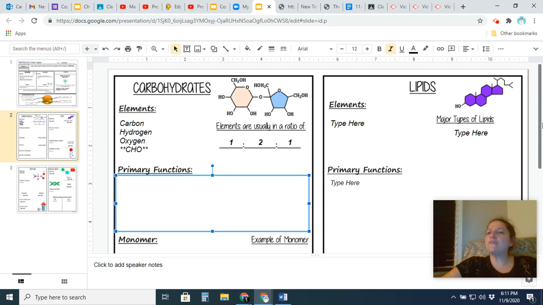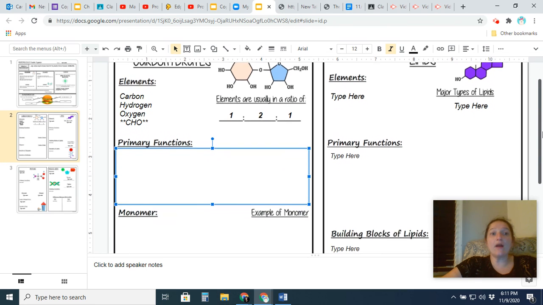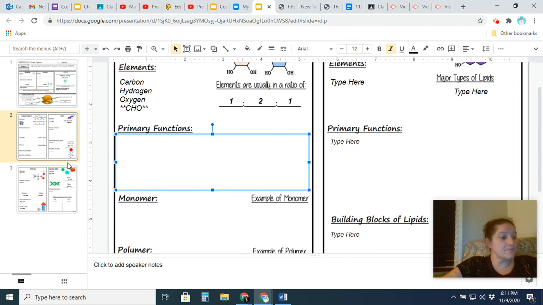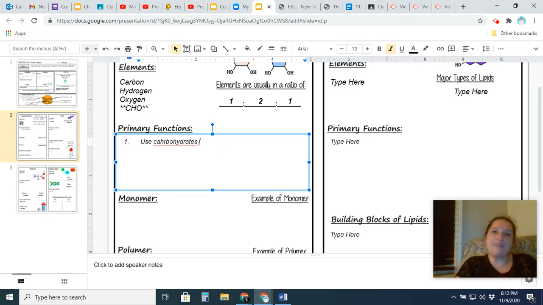What are the primary functions of carbohydrates? Why are they important for living things? Well, first of all, living things use carbohydrates as a main source of fast energy.